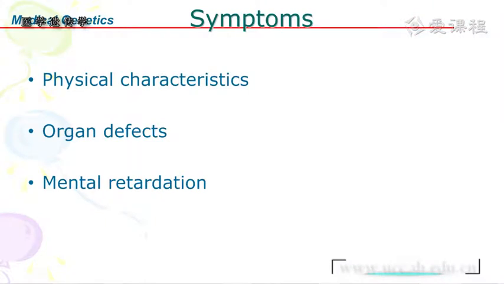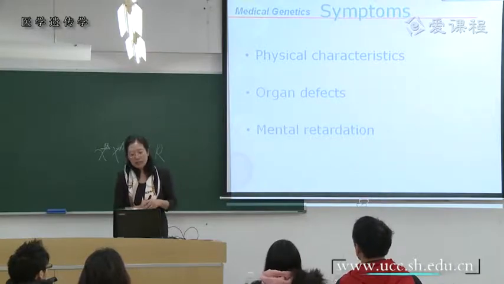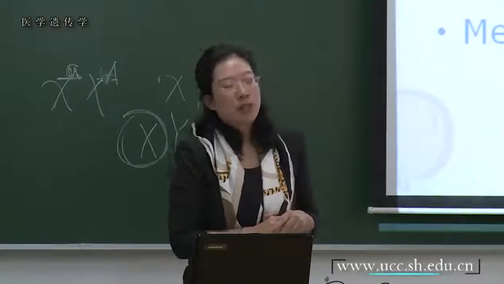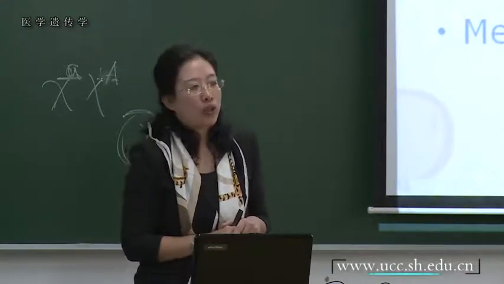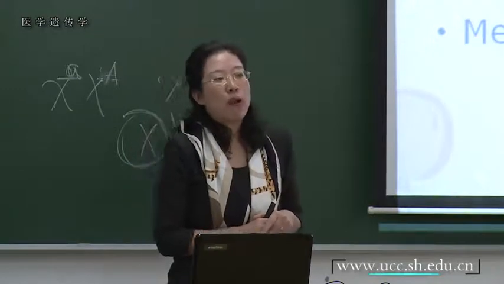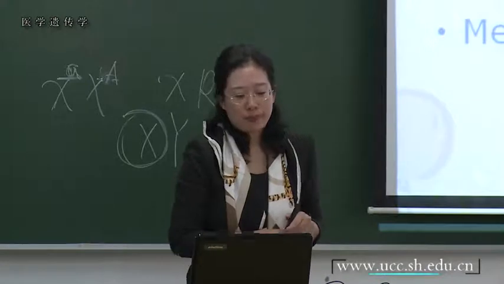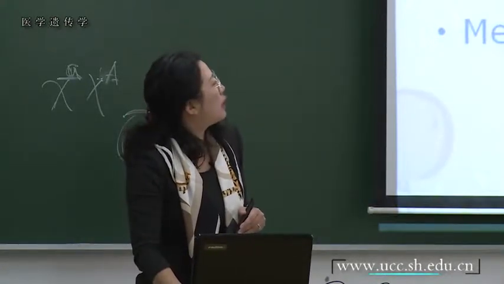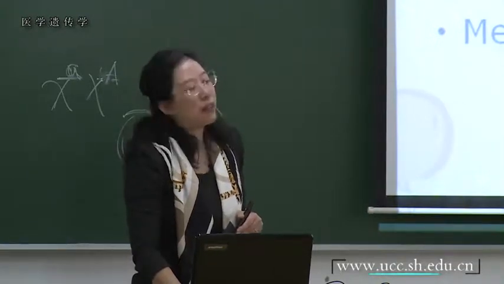A lot of symptoms. Why? Chromosome disorders always have a series of phenotypes. Why? Because a lot of genes are located on one chromosome. If a chromosome aberration happens, a lot of genes are changed. First, physical characteristics and a lot of organ defects, and also mental retardation.